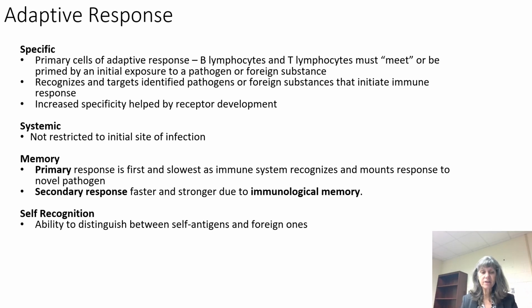The first line of defense is intact skin and the mucosae. And the second line of defense, if the first line has been penetrated, is internal defenses like antimicrobial proteins, phagocytes, and other cells to inhibit the spread throughout the body. And the hallmark of that second line of defense in the innate immune system is inflammation.